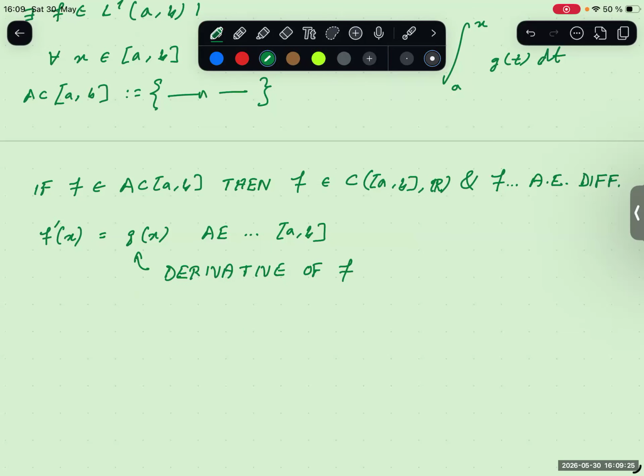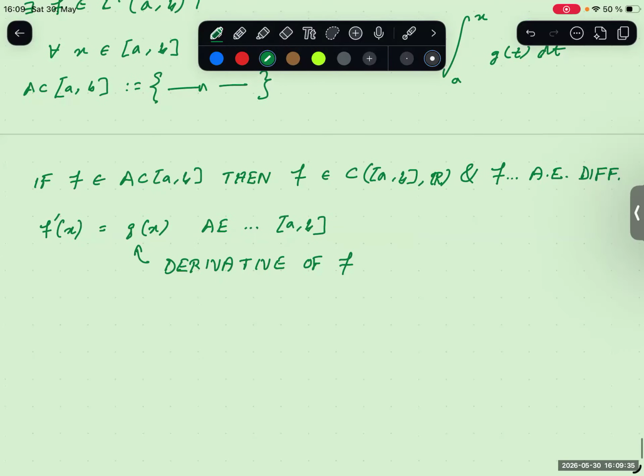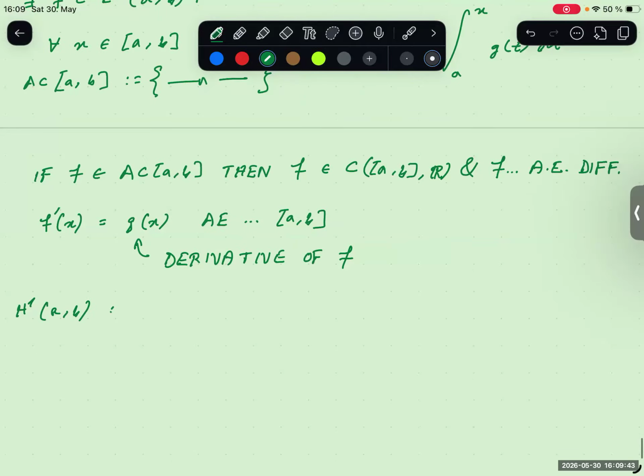Now we define two sets. The reason is that we'll see that these sets will be used as domains of some interesting or not interesting differential operators. So the first one, H1 on the interval [a, b], is defined as the absolutely continuous functions on [a, b] such that the derivative of f, which we know what that is, is L2 over the interval.